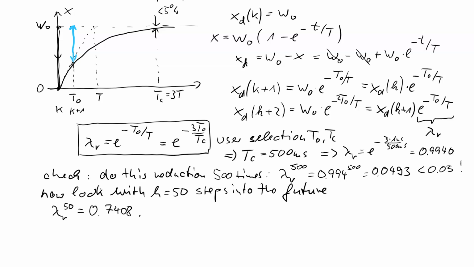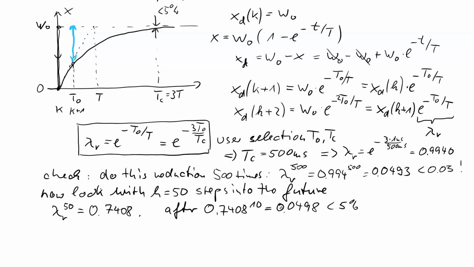So finally, after 10 times of this 50 steps into the future, 0.7408 to the power of 10, let's calculate this with my calculator. This again gives a 0.0498 value, which is smaller than 5%.